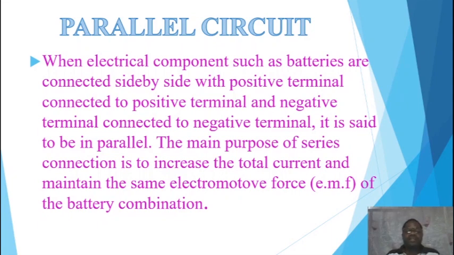Here we call it side by side connection. So if you have two batteries, you connect the positive side of one battery to the positive side of the second battery and the negative side of the first one to the negative side of the second one. Such connection is called parallel connection.